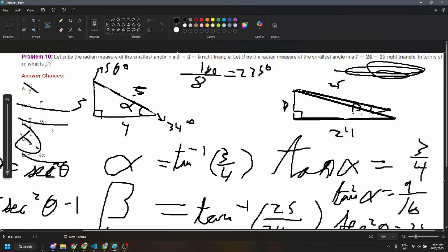Anyways, which is equal to sine of pi over 2 minus beta, and somehow from that they got 2 alpha is equal to pi over 2 minus beta.